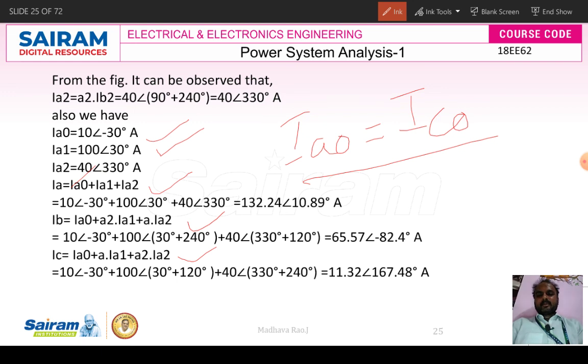IA1 is already given. IA2 is equal to A square into IB2. So we will substitute all the values. So the IA value, IB value, IC value, we got it. So these are the line currents for the given problem.